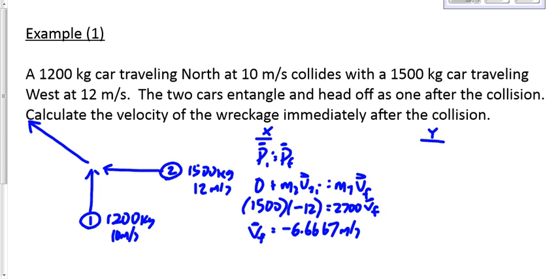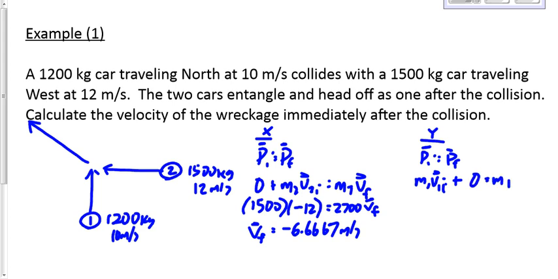Well, then we got to do the y component. For the y component, we say m1 v1i, because object number 1 is moving on the y-axis, right? Plus what? How much of that 12 meters per second is on the y-axis? 0. So we're going to say plus 0.